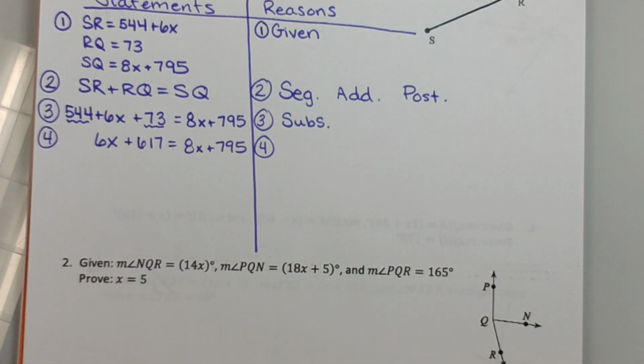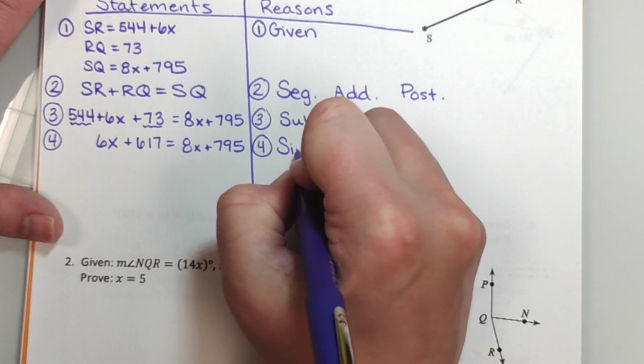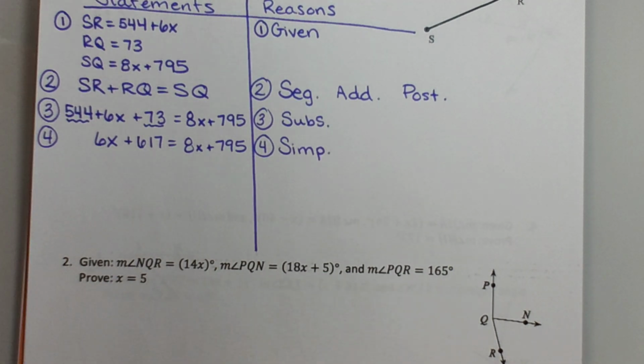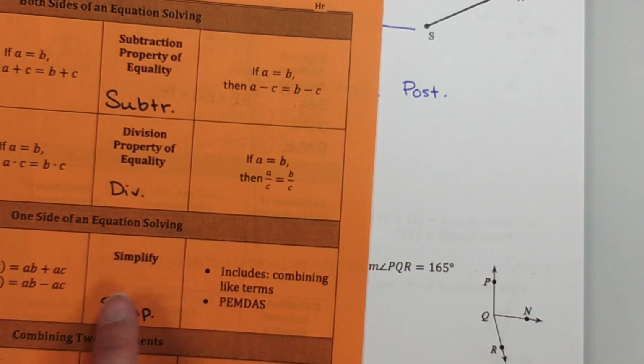Now the reason's not called add. Add implies I did something to both sides of the equal sign. It is combined like terms, but that's not the reason either. Oh, I heard someone say it. It's a simplified step. Things like using PEMDAS and combining like terms are simplified.